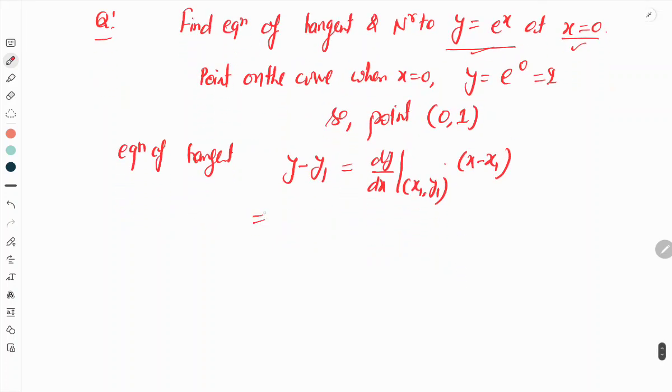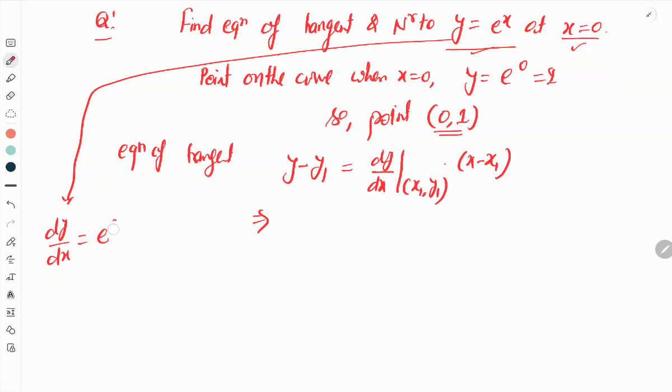So dy by dx at point 0 comma 1 is required. dy by dx is equal to e power x. This implies dy by dx at point 0 comma 1 is e power 0, which is 1, you know.